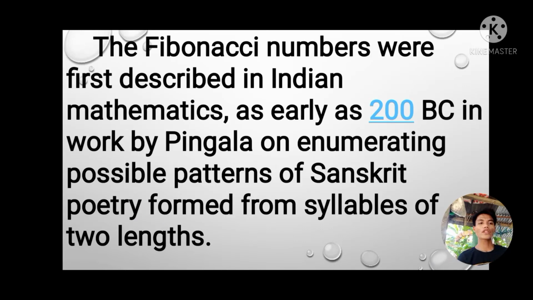So the Fibonacci numbers were first described in Indian mathematics as early as 200 BC, in work by Pingala on enumerating possible patterns of Sanskrit poetry formed from syllables of two lengths. So these Fibonacci numbers can also be used in forming poetry.